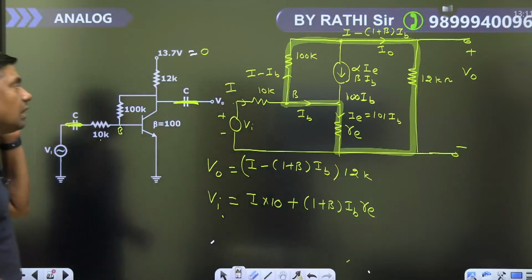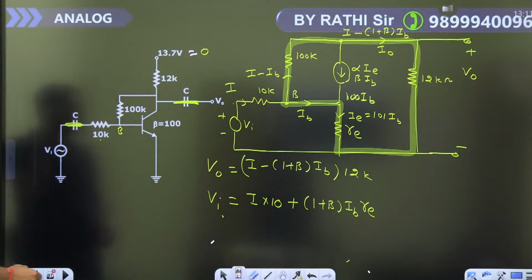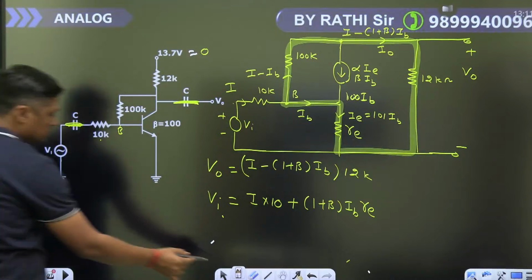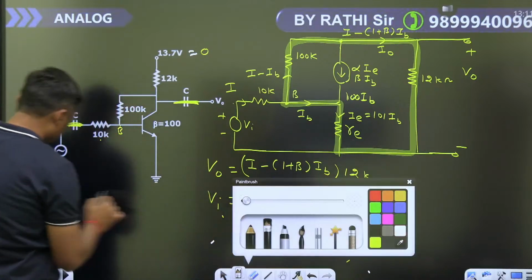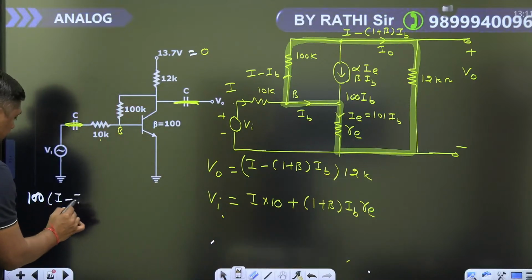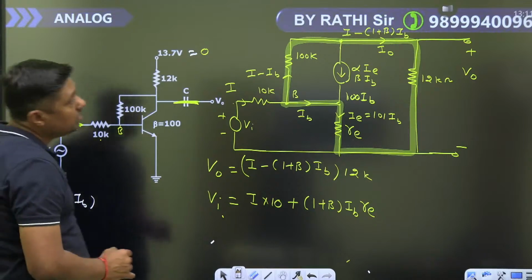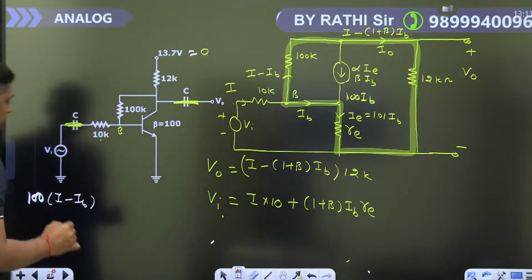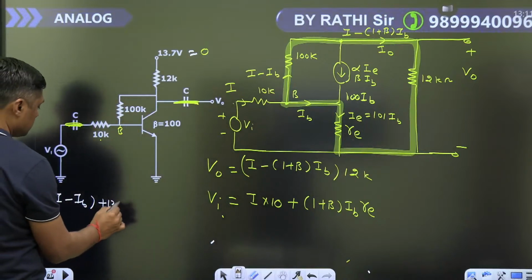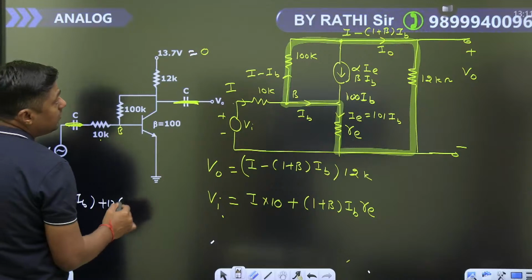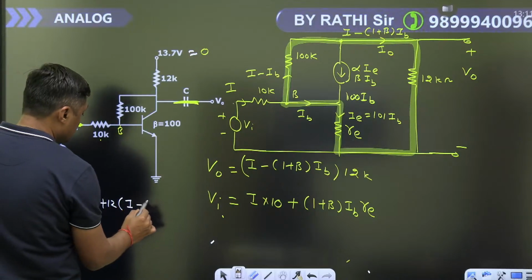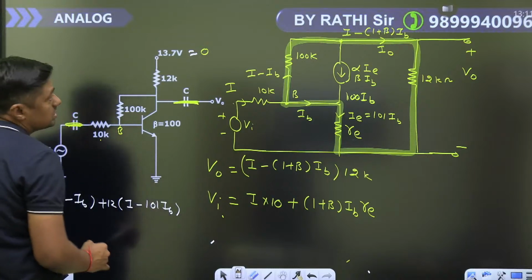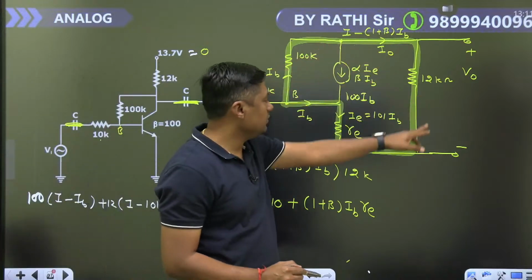It will become 100 times of (I minus IB), plus 12 times of (I minus 101 times of IB). This is the 101 times of IB.